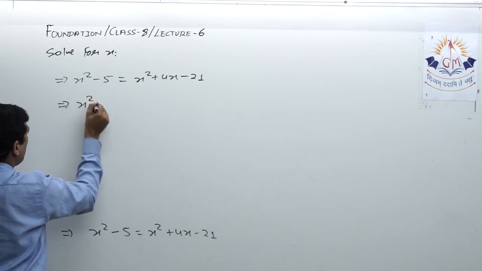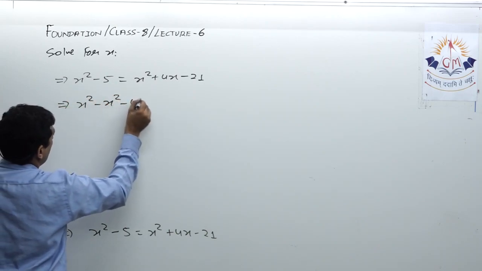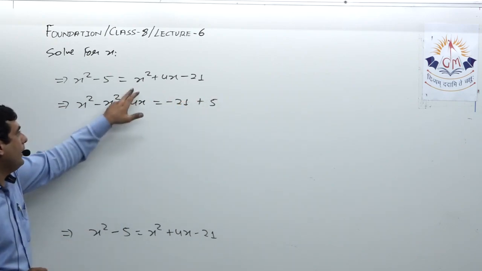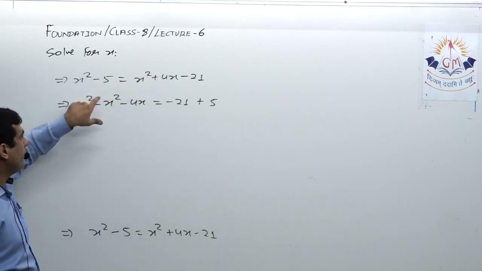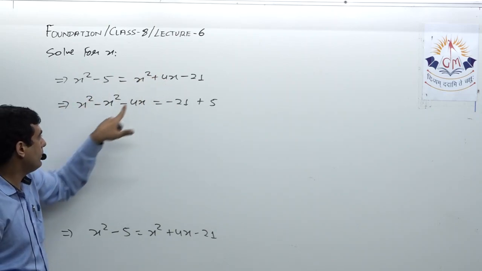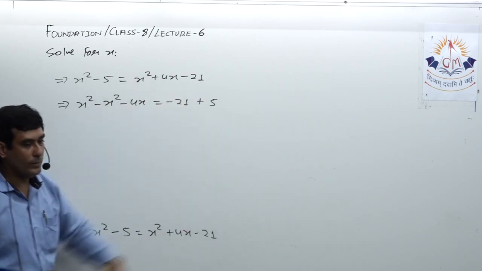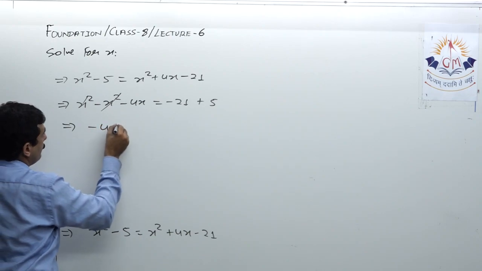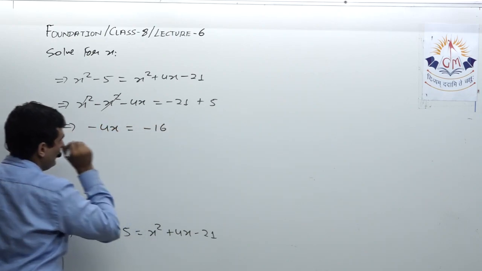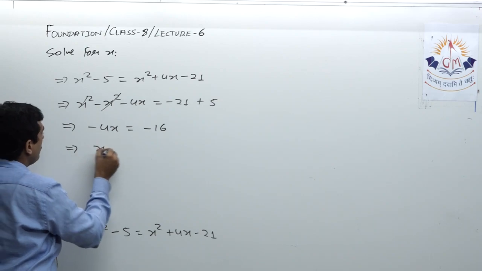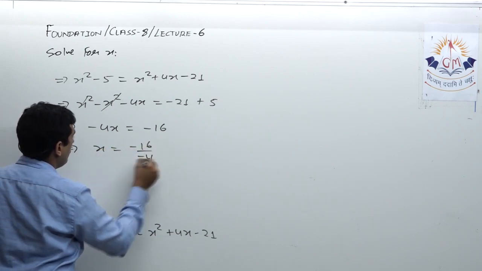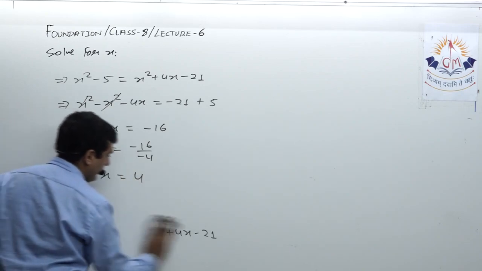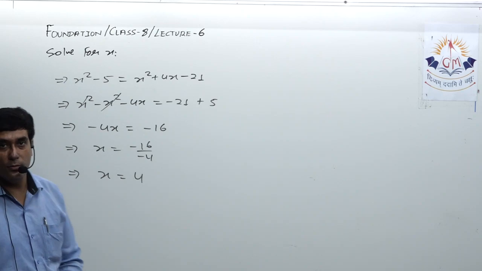So I took terms containing x square on the left hand side, so minus x square, this plus 4x minus 21 plus 5. So I can cancel these two. So this is minus 4x is equal to minus 16. So x is equal to minus 16 upon minus 4. So ultimately x is equal to 4. So this is my final answer. So please note it down.